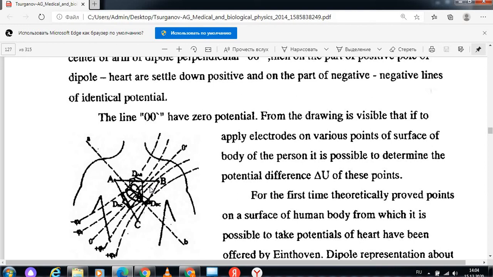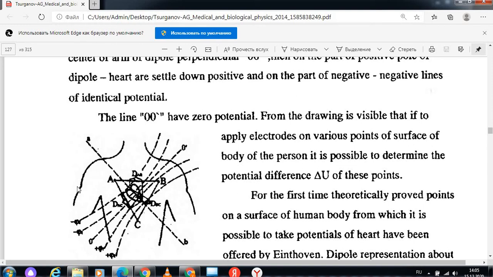We have a line of zero potential, which actually has zero potential, that's why it receives that name, that label. And it is something like a mirror of symmetry from the different equipotential surfaces which lie dispersed in space near the heart.